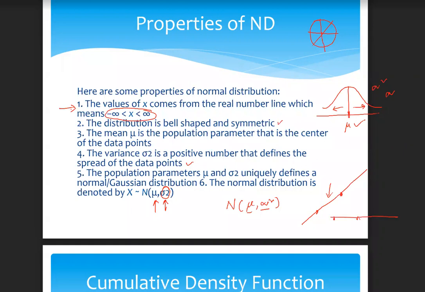So similarly, when you are given mu and sigma square, you are uniquely identifying this normal distribution. By unique identification, I mean there is only one such normal distribution with this particular mu and particular sigma square.